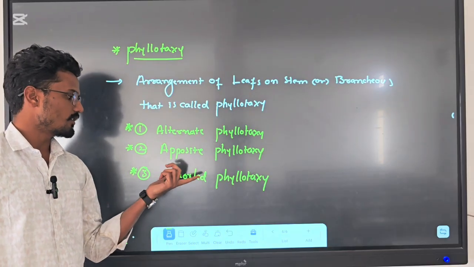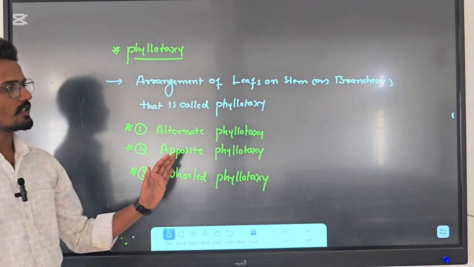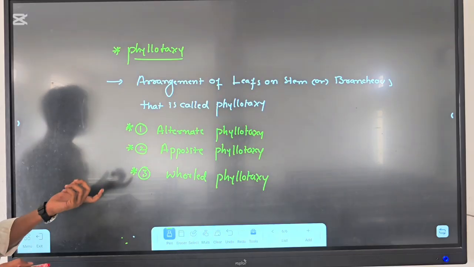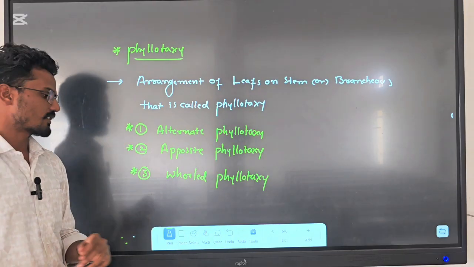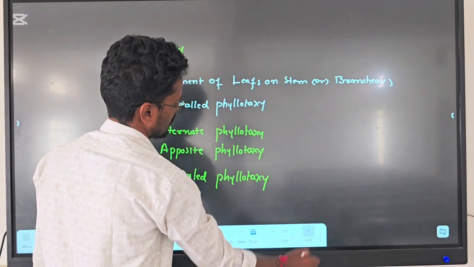Another one is the opposite type of phyllotaxy. The third one is the whorl type of phyllotaxy. We'll understand the alternate, opposite, and whorl types of phyllotaxy one by one. Let's start with the first type, the alternate type of phyllotaxy.